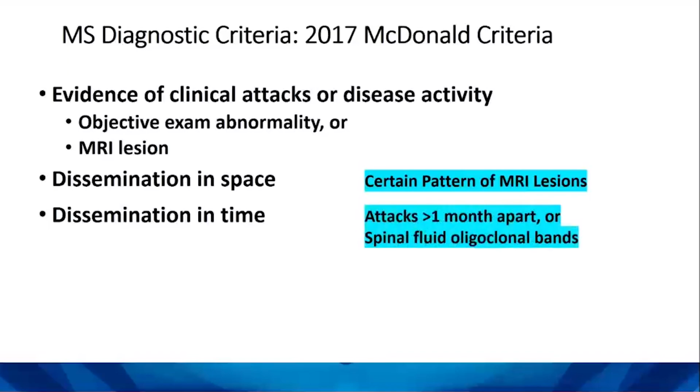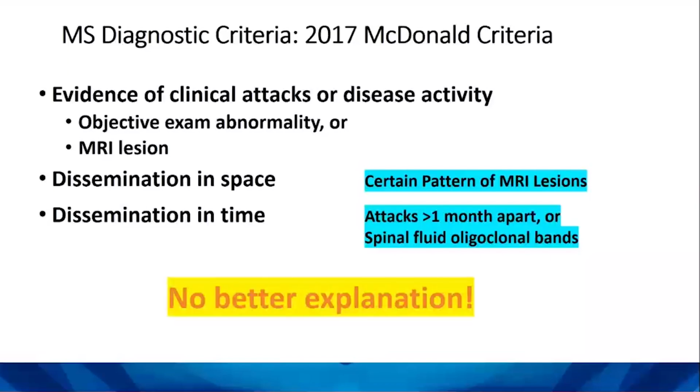We can look for spinal fluid oligoclonal bands, and we look for attacks and evidence of change over time. And that's our definition of multiple sclerosis. You notice how it doesn't have a target involved for all this inflammation. And of course, we need no better explanation. So we're looking for these signs and symptoms, and then we say, well, it fits the pattern, and I don't have a better explanation, so I think it's multiple sclerosis. So you imagine there's a lot of holes in that.